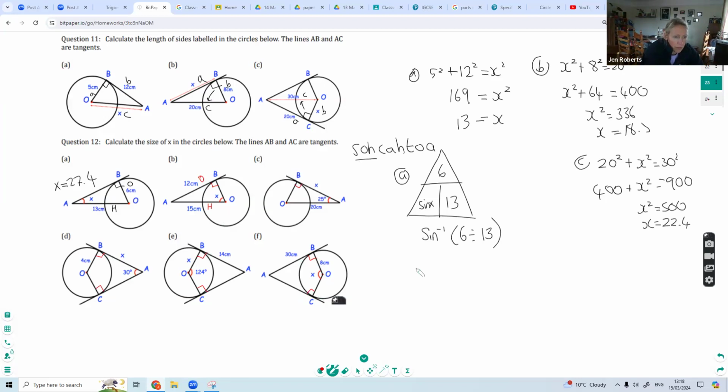Opposite hypotenuse. Sine x. Opposite goes at the top, hypotenuse goes at the bottom. Sine to the -1, 12 over 15. 53.1.